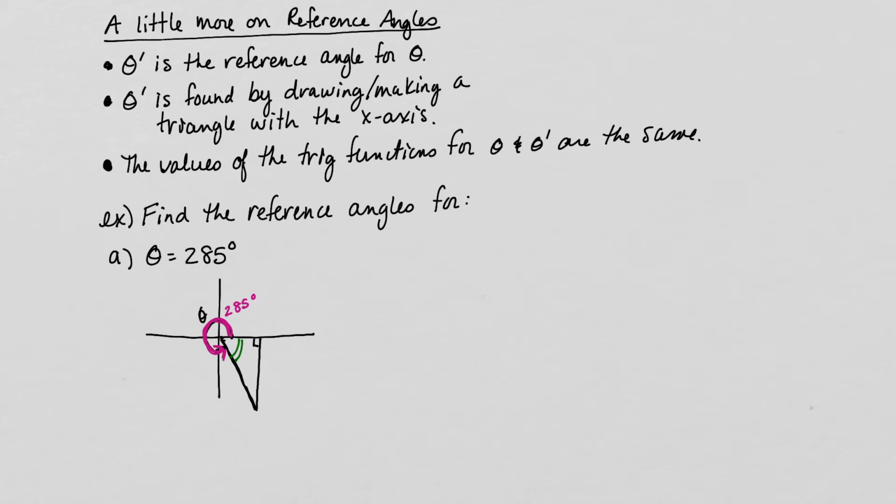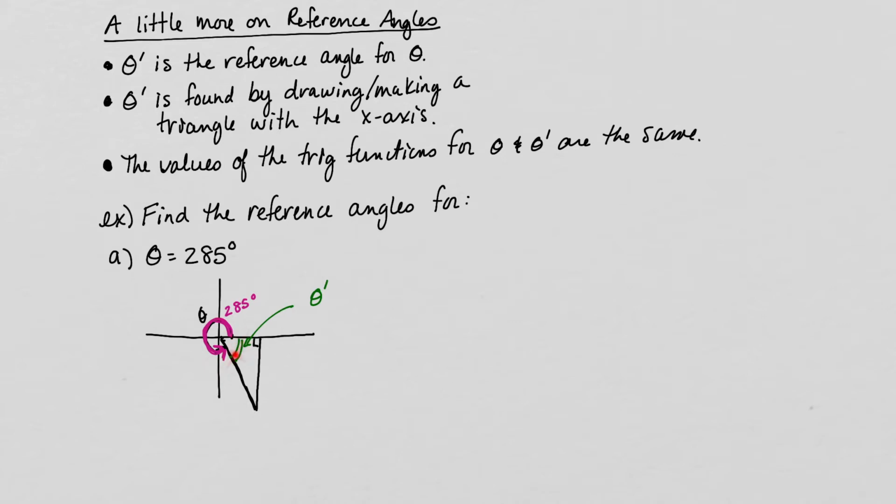So anybody have any ideas how I could figure that out? So theta prime. Yeah, if I go all the way around, the pink angle plus this green angle is 360 degrees.